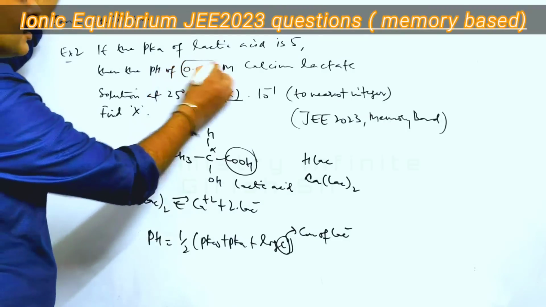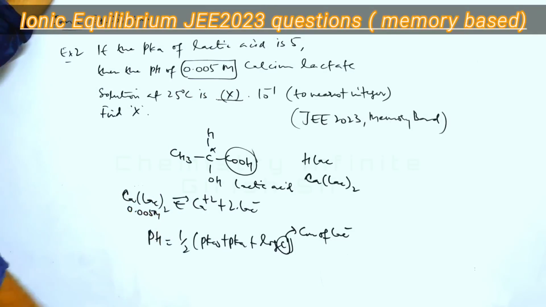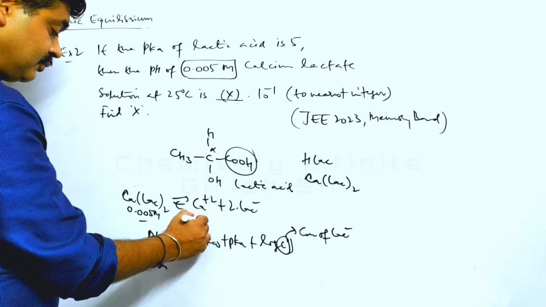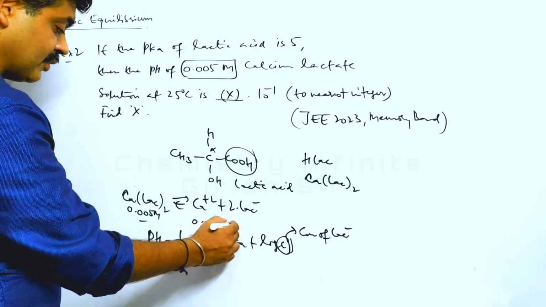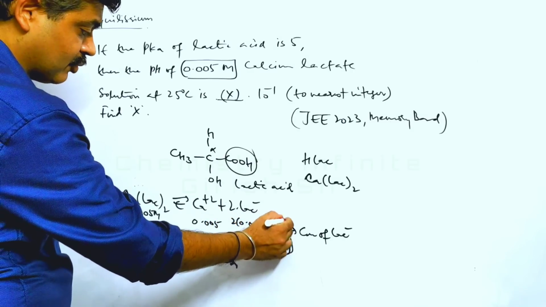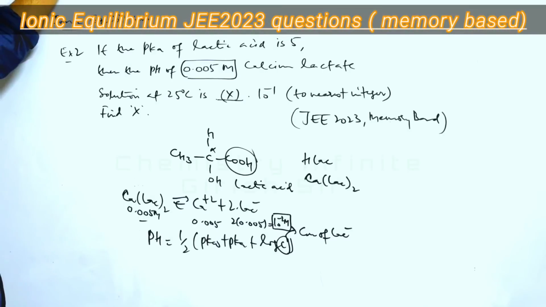What we are given is 0.005 molar. If this is 0.005 molar concentration of salt, it dissociates and produces 2 into 0.005, which means 10 raised to minus 2 molar, as the concentration of lactate ion once ionization is complete.